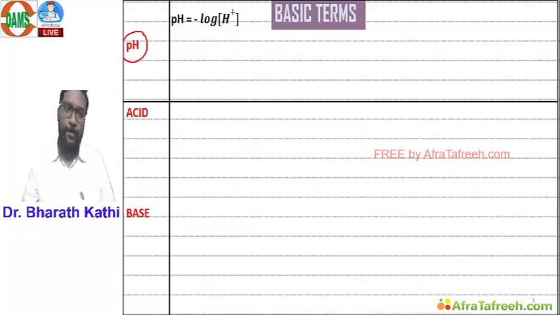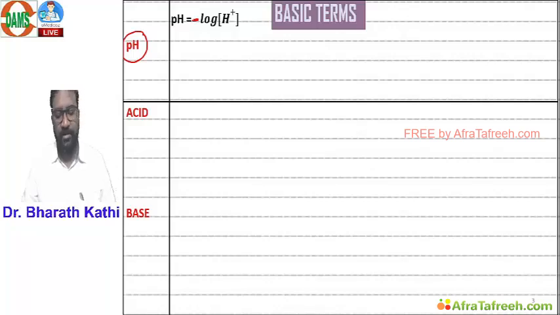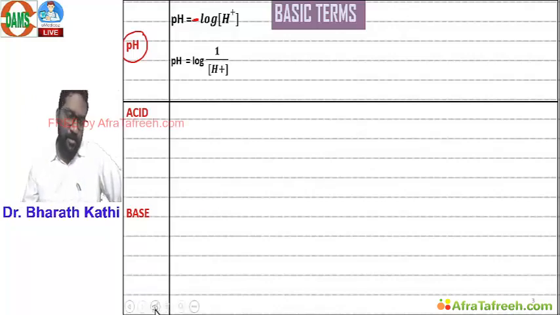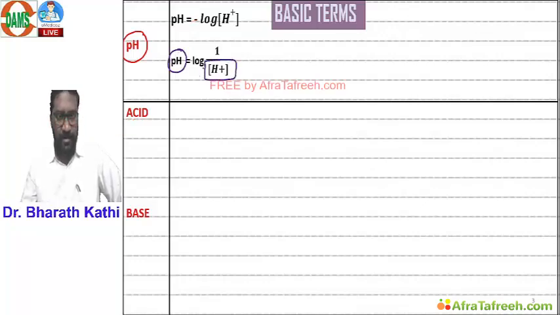pH is negative logarithm of H plus ion concentration. Whenever I write anything negative, I can also write it in logarithmic terms: pH is equal to log of 1 by H plus. Can anybody tell me, with this relation, what will be the association between pH and H plus?